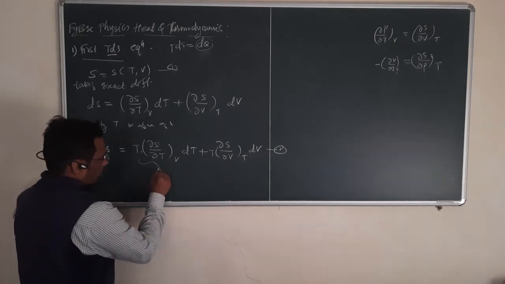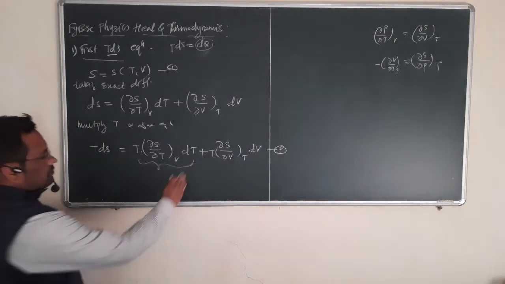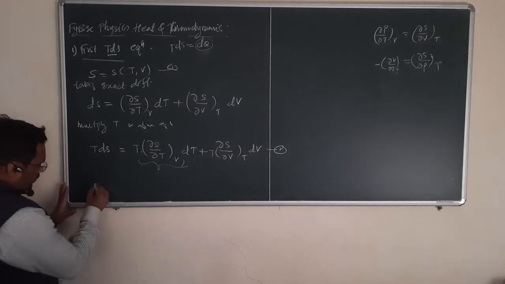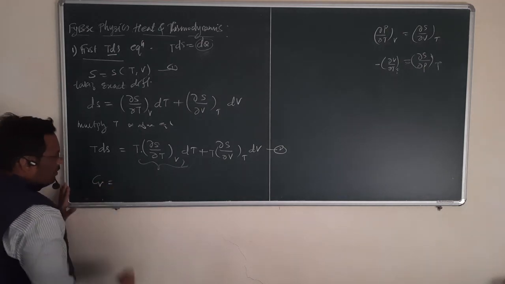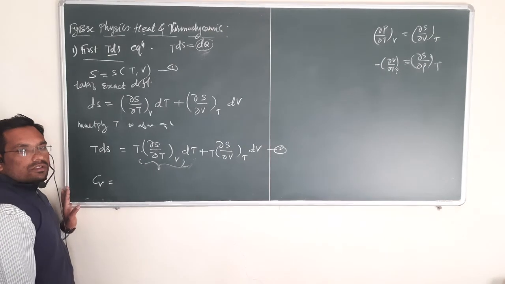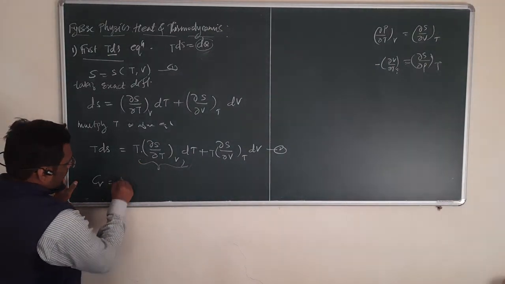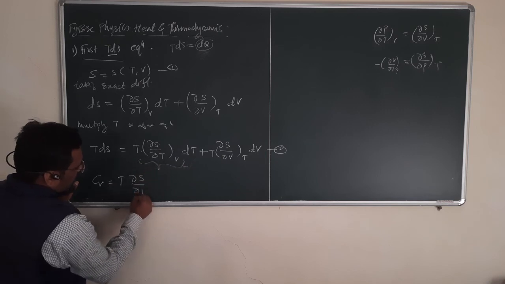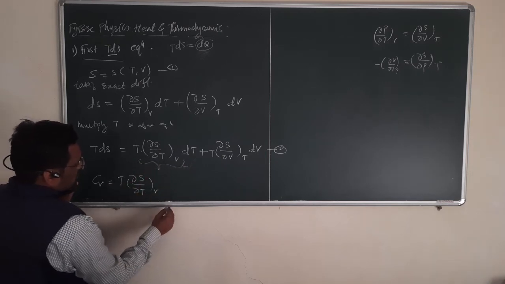Now from the definition of Cv, which is specific heat at constant volume, Cv is T into the partial derivative of S with respect to T at constant volume.